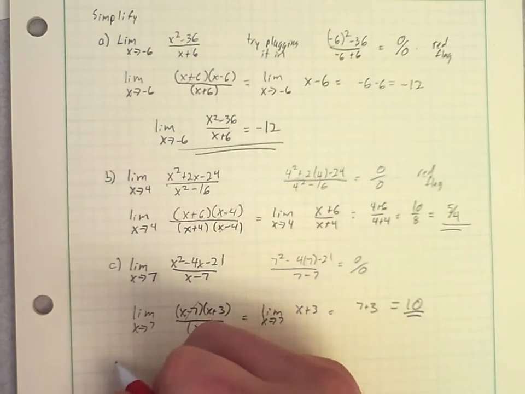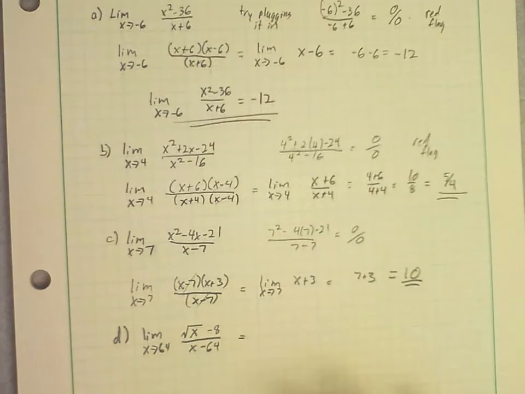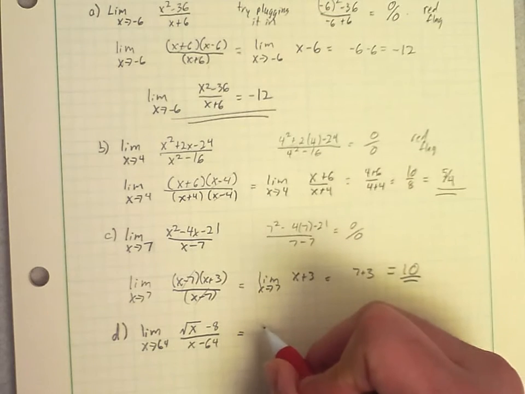All right, one more. Part D is the limit as x approaches 64 of (the square root of x minus 8) over (x minus 64). Again, we can try plugging it in.